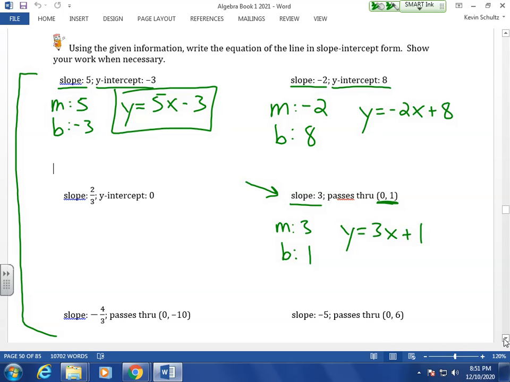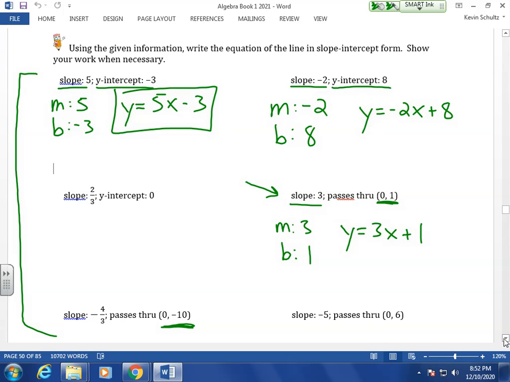So you can see the next two below that are very similar. So the slope of -4/3 passes through 0, -10. What I want you to see, I want you to be able to recognize that with that x value of 0, right? When you have an ordered pair with an x value of 0, it means you're on the y-axis.